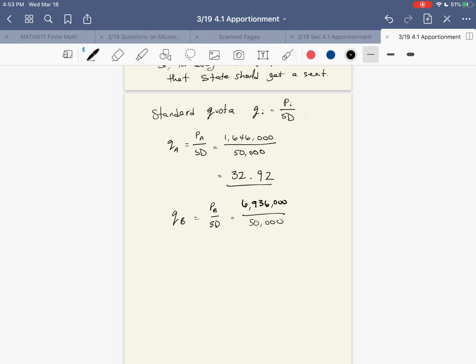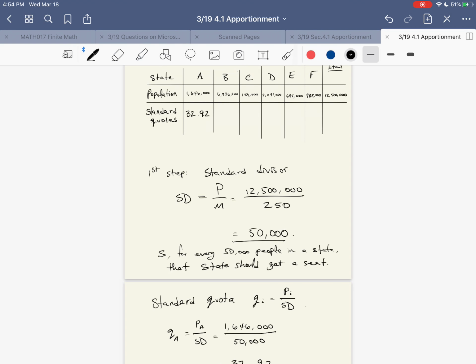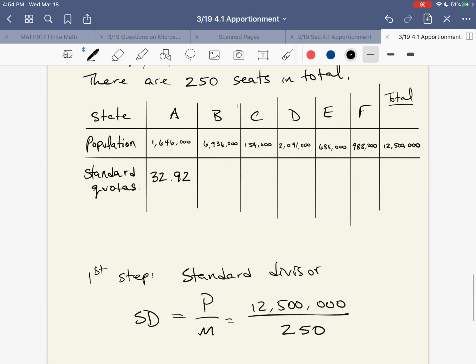Okay, and so what's this going to give us? This is going to give us 138.72. And so again, this is the exact number of seats that a state should get if we could divide those seats up into fractions. Let me enter that in here. 138.72.